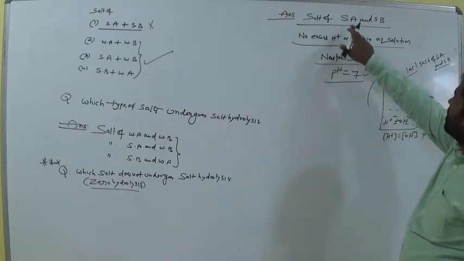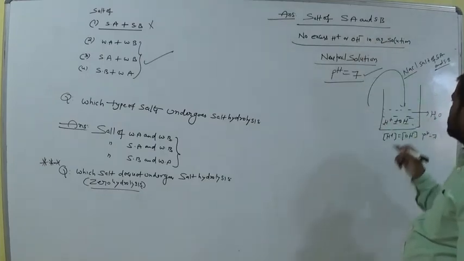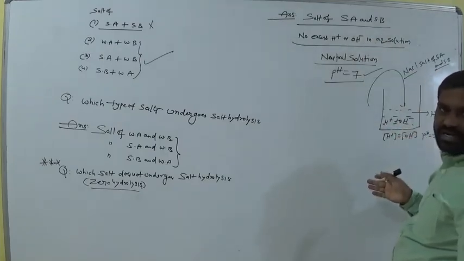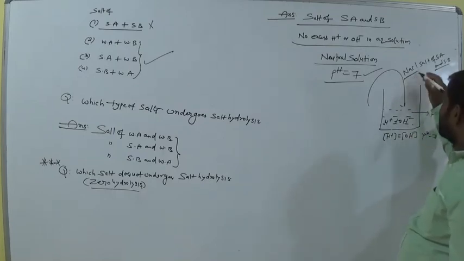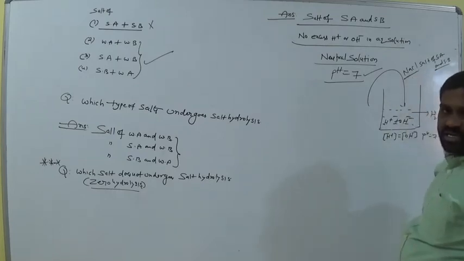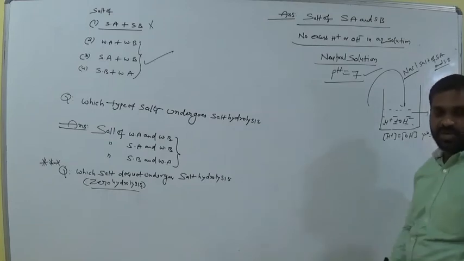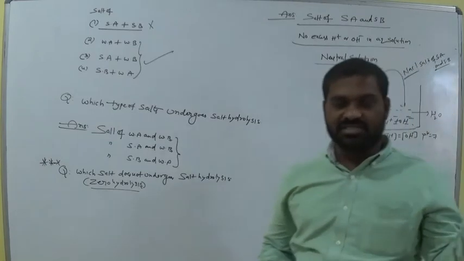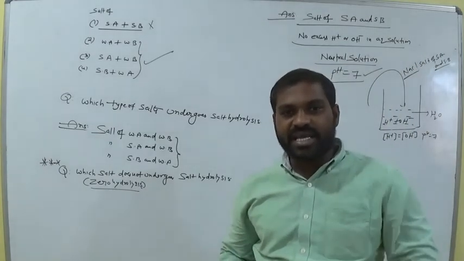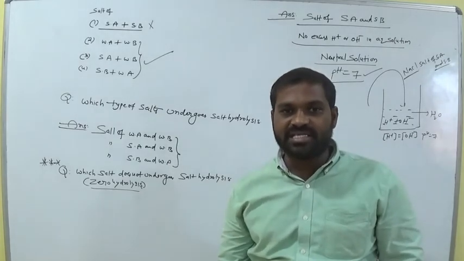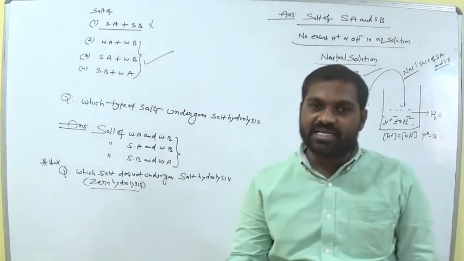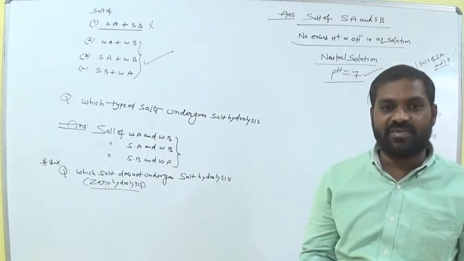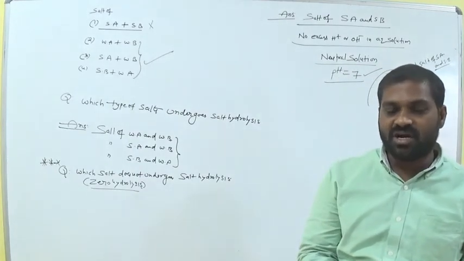So in the case of salt of strong acid and strong base, there is no excess H plus produced, am I right? Clear? So now what is the taste of salt? It is salty in nature. Suppose we take this table salt, keep it in water, what is the taste of the salt? It is salty in nature, am I right? That means even when we add water, there is no change in the taste, no change in the salt nature.